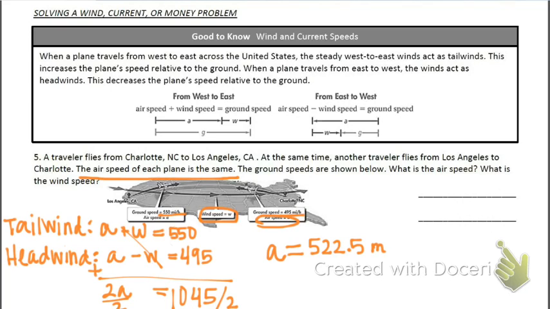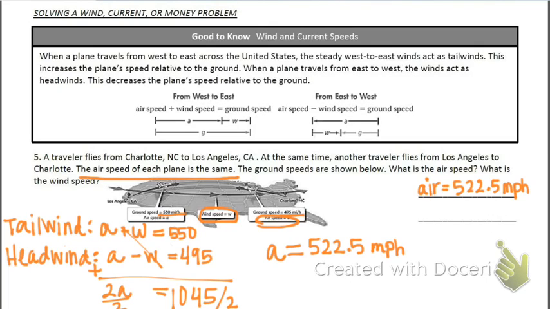Miles per what? Hour. Good. So my airspeed is 522.5 miles per hour. How can I solve for the wind speed?